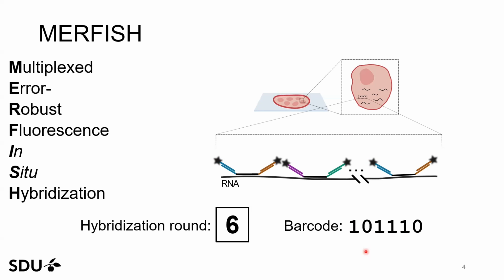And talking about the barcoding scheme here with this technique, it's very clever because beforehand we have designed this codebook consisting of different targets of interest, giving them each a barcode. So we know what we label in each round, which we can then afterwards look back into and decode this barcode that we get for the positions.